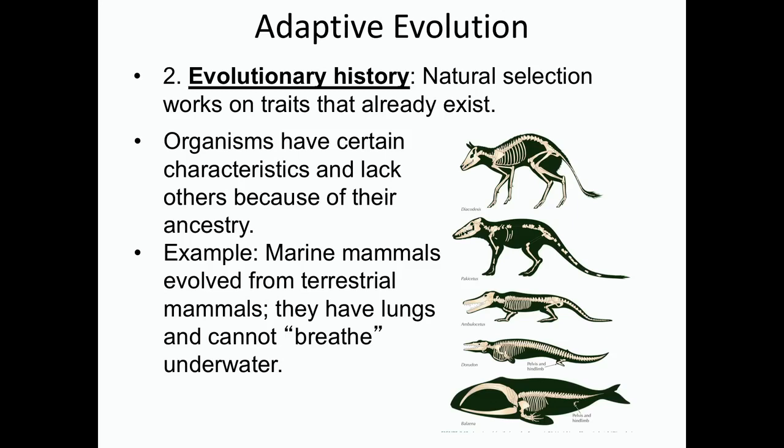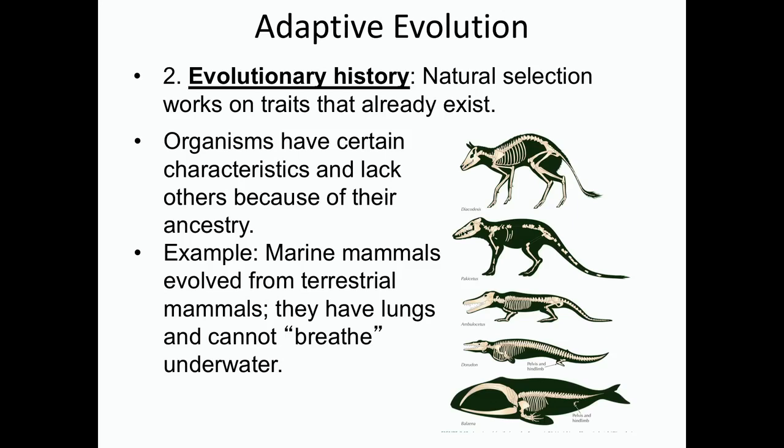So organisms have been shaped through their ancestry, and they have features that they have because of all of the natural selection processes that have occurred in their ancestry. So for example, marine mammals. It would be much more efficient for a whale to have gills and be able to get oxygen from the water.